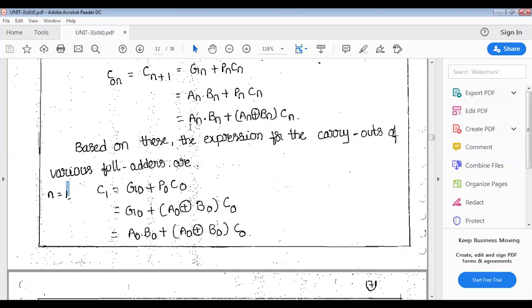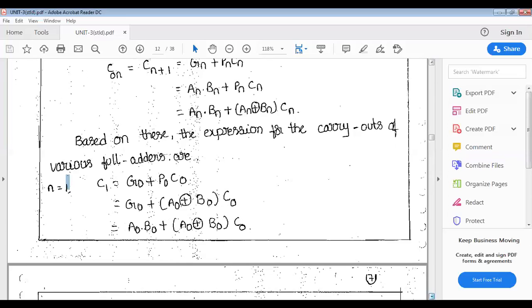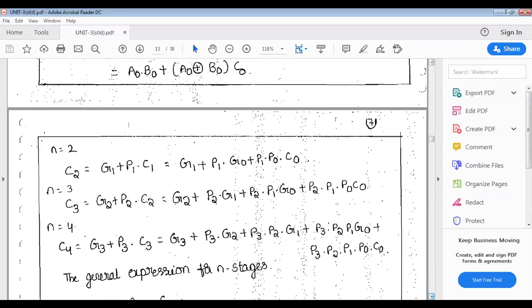And finally, you see the final expression of Cn plus 1 is An Bn plus An exclusive OR of Bn and the Cn. So substituting n is equal to 0, it becomes C1 is equal to, why is it C1? n is equal to 0 means 0 plus 1 is 1. C1 is equal to A0 B0 plus A0 exclusive OR of B0 into C0, C suffix 0 that is.